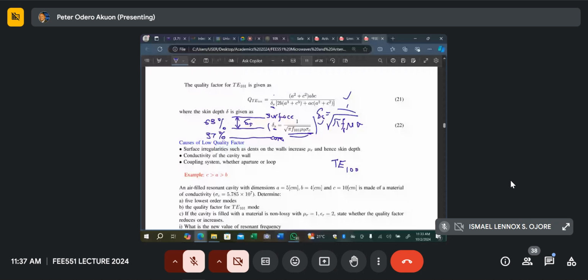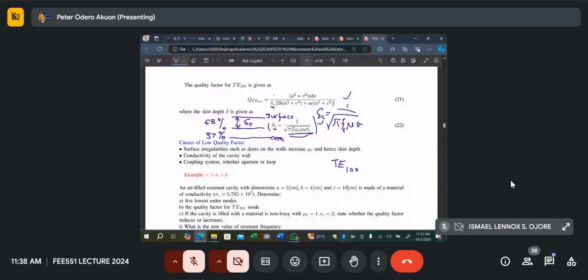So using this formula, can somebody determine the quality factor for TE101? You have the dimensions and you have the conductivity. We want to get the resonant frequency first, because that's what we're trying to answer.